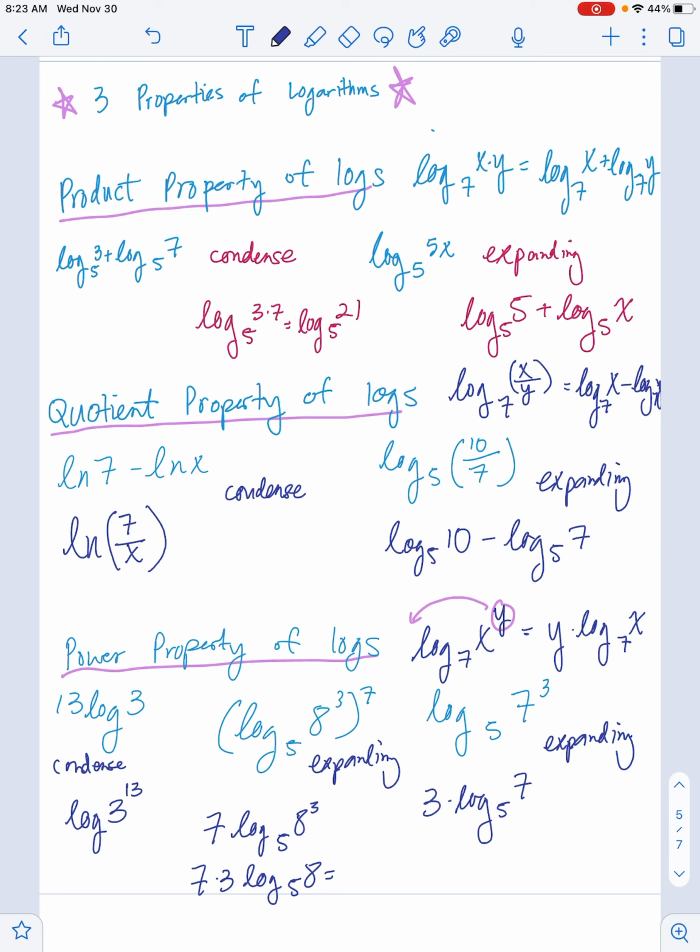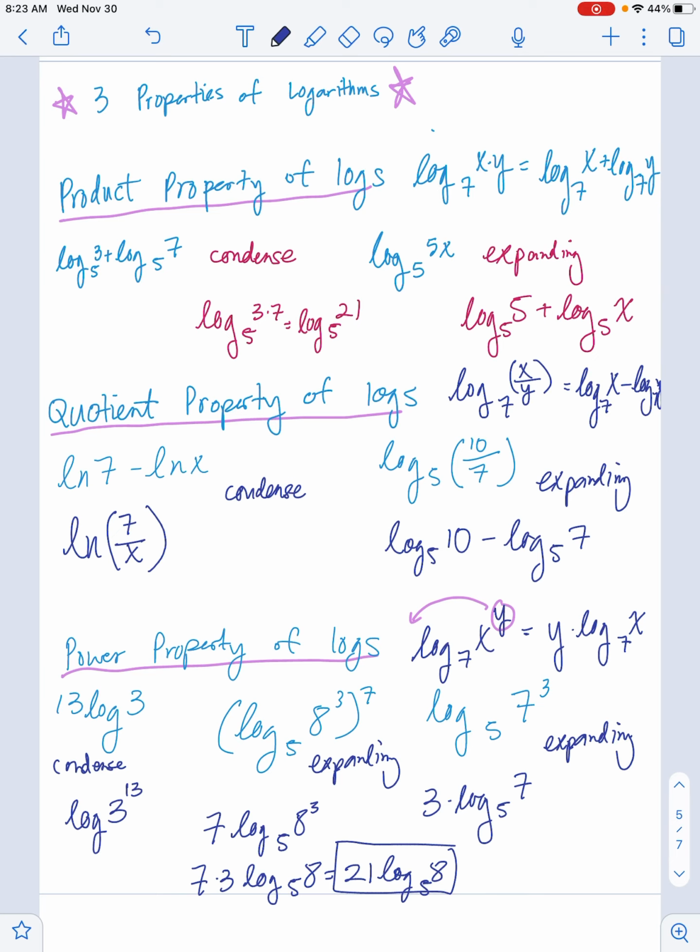And that 7 and the 3 in the front can get multiplied together, so now you have 21 log base 5 of 8. You could have done that a little bit differently. You could have multiplied the 3 and the 7 powers together first to get 8 to the power of 21, and then you bring down the 21, but you get the same answer eventually.